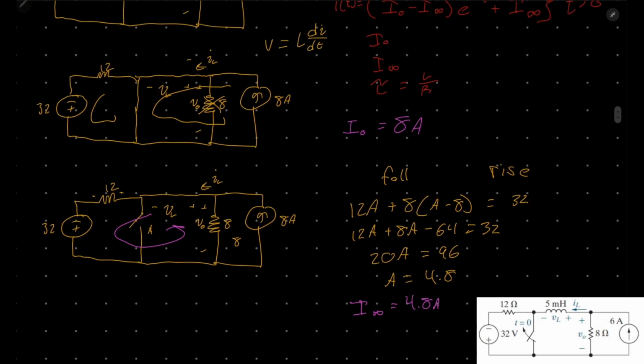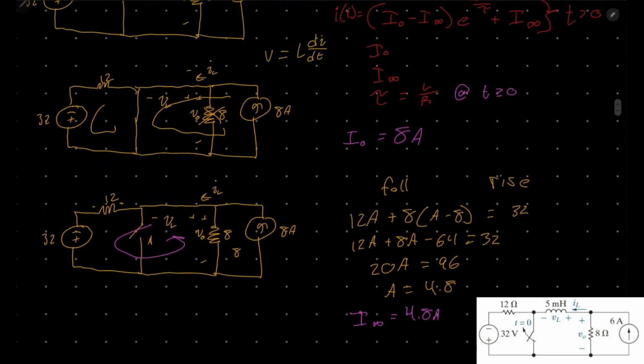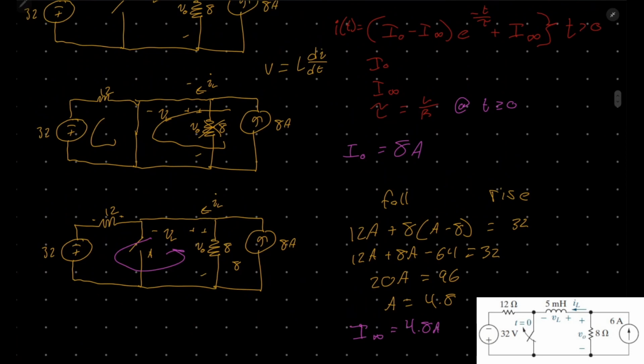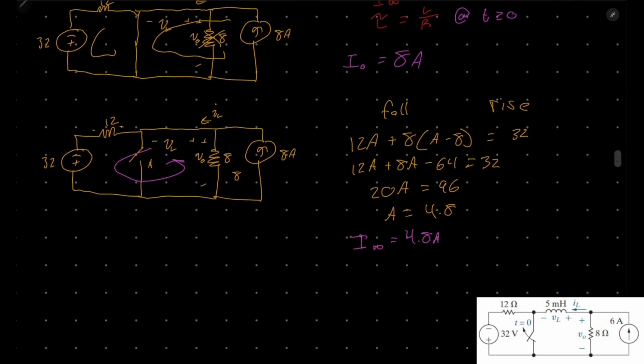Now we need tau for t greater than or equal to 0. So this will be with our switch in the open position. When our switch is open, we're going to look at this circuit right here, and our inductor actually makes it simpler.